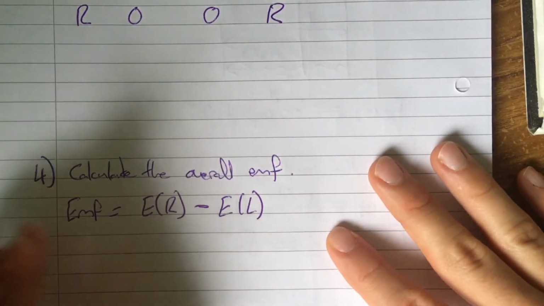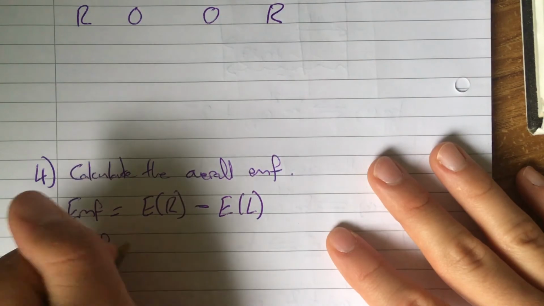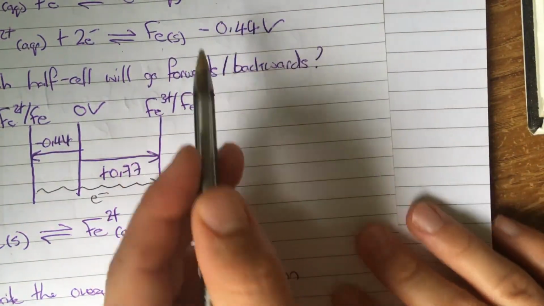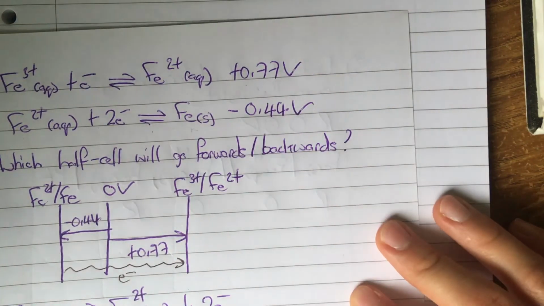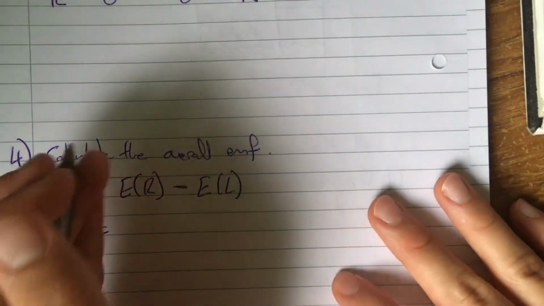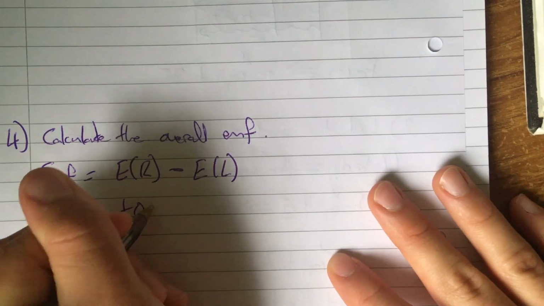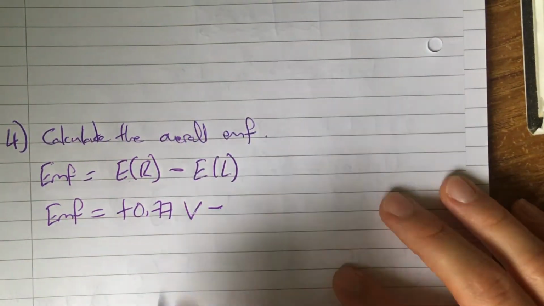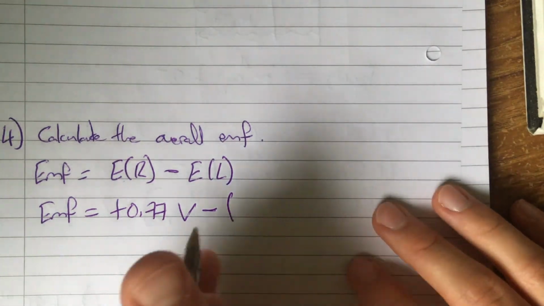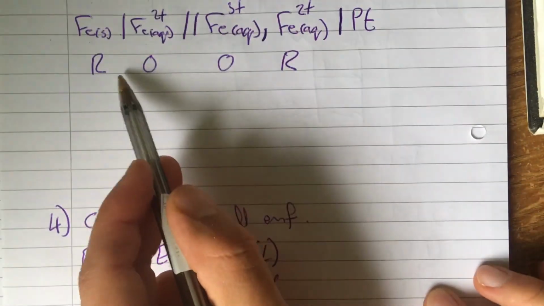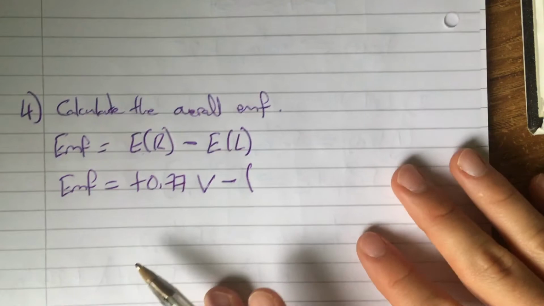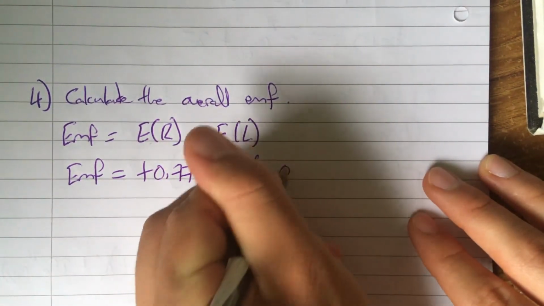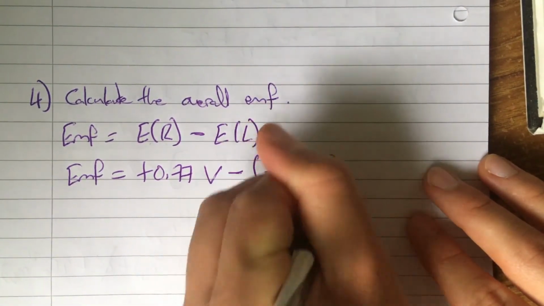So EMF is equal to my Fe3+/Fe2+, which is +0.77 volts, minus the electrode potential of my Fe2+/Fe equilibrium, which was -0.44 volts.